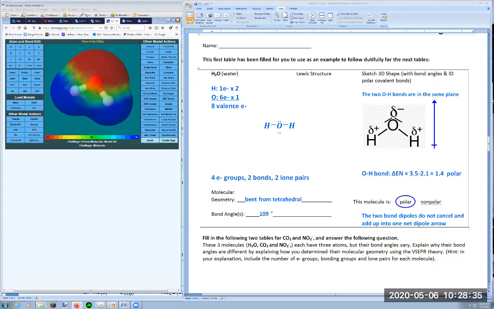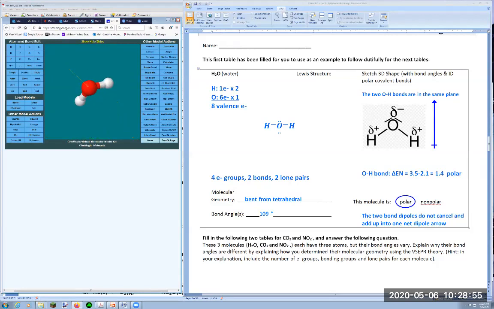And you can also verify that by clicking on the dipole-net. If you click that, it shows you the net dipole of this molecule. So you see how the arrow comes out of oxygen and points away from oxygen.